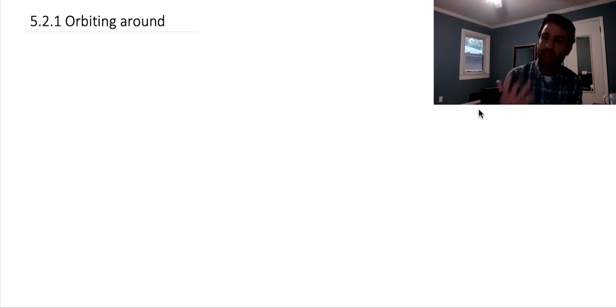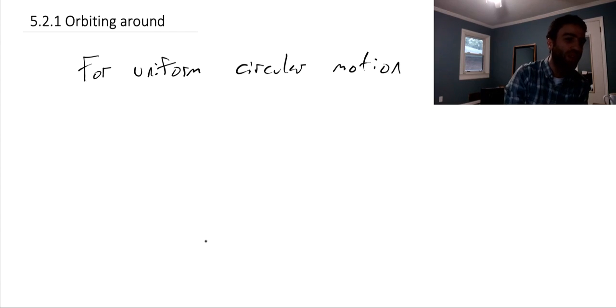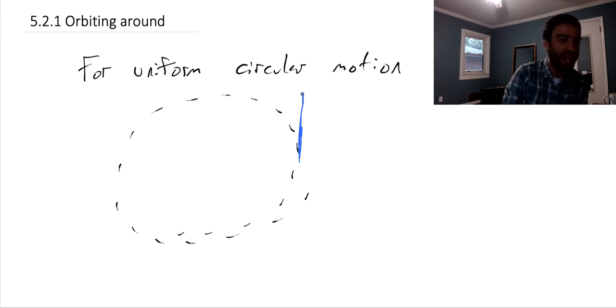Where the force of gravity is the thing supplying the centripetal force needed to keep changing the direction of the satellite so that it's traveling around the Earth. Okay. So remember, for uniform circular motion, if what you want is to travel around in this circle, at any moment in time, say instantaneously, you have some velocity, right?